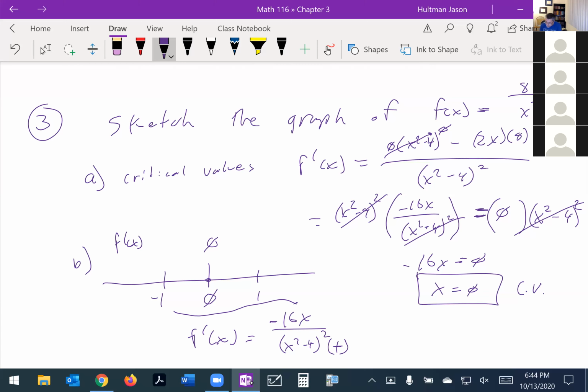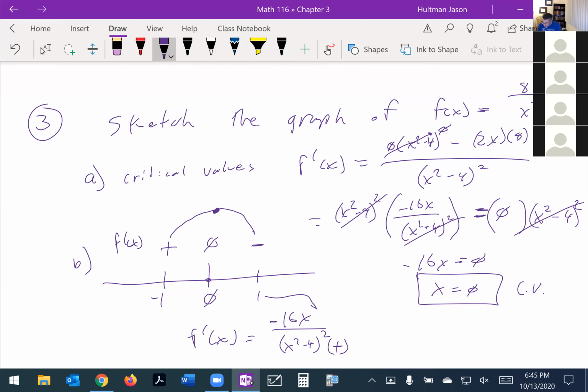A negative times a negative is positive. What if I plug in a +1? A negative times a positive is negative. So this goes from positive slopes to negative slopes, which means there's a maximum here. So at x equals 0, we have a maximum value.